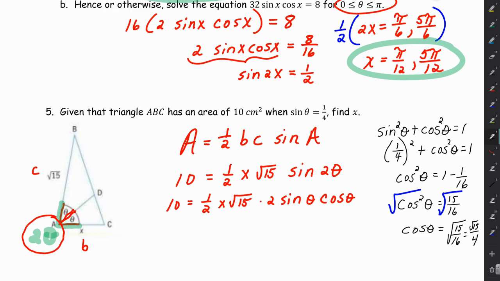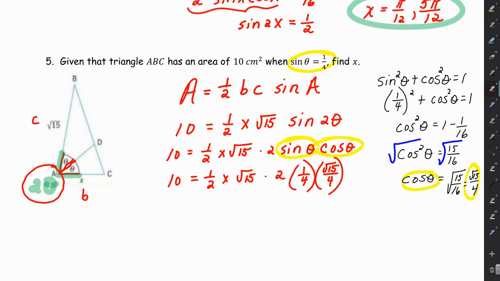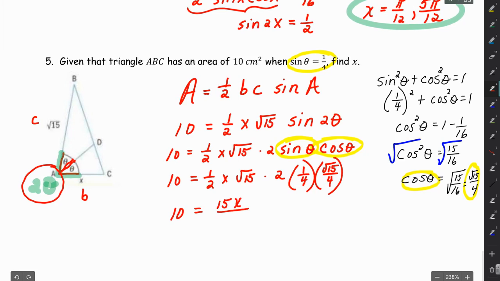We have all of our information, right? We have our sine of theta, which we're going to put here. We have our cosine of theta, root 15 over 4, which is going to go here. And now we're able to solve for x. So let's fill it all in. All right, so on the right side of the equation, if I multiply everything out, I'm going to end up with 15x over 16.